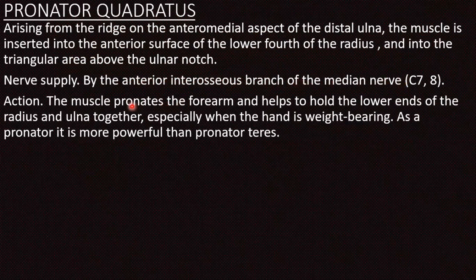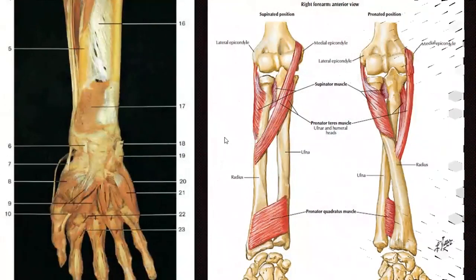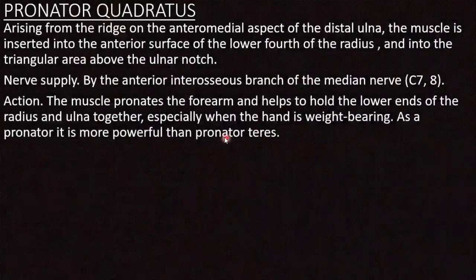As the name suggests, it pronates the forearm and helps to hold the lower ends of the radius and ulna together, especially when the hand is weight bearing. As a pronator, it is more powerful than pronator teres. It is known as pronator quadratus because it is quadrate in shape.